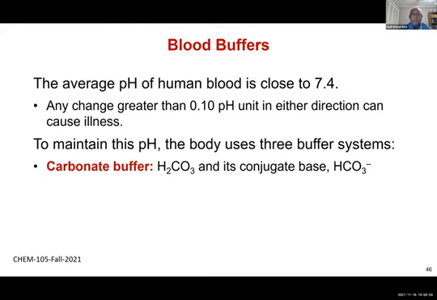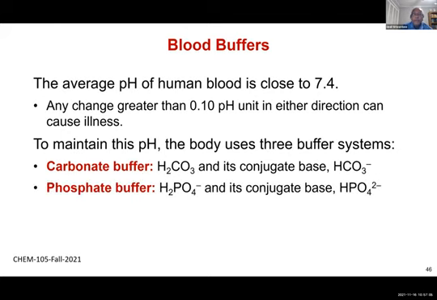To maintain pH, the body uses three buffer systems, mainly the carbonate buffer and the phosphate buffer. The weak acid is H2PO4 negative, sodium dihydrogen phosphate. The conjugate base is disodium hydrogen phosphate.